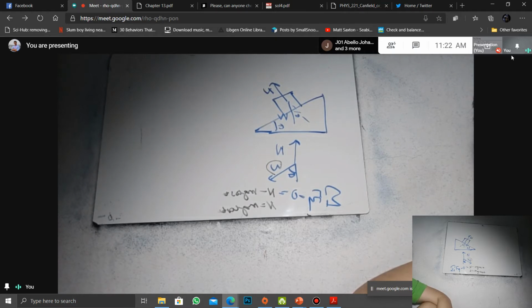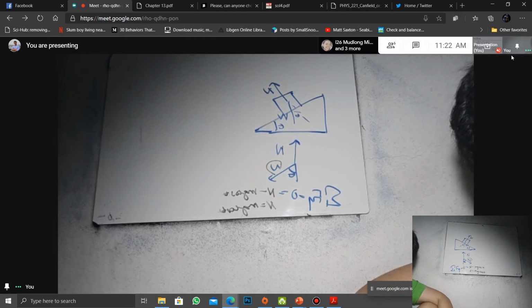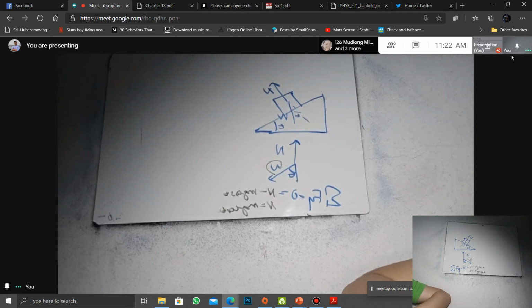Di ba, by Newton's third law, equal and opposite reaction. Basta dalawa magkaibang object. So, ang tamang sagot lang is letter D. Yun ay sensible, di ba? Letter D lang. So, dapat, kahit na nag-accelerate yung object mo, dapat pareho pa rin yung force na ine-exert sa'yo ng box sa pinupush mo sa kanya, okay? Dapat pareho lang yun.